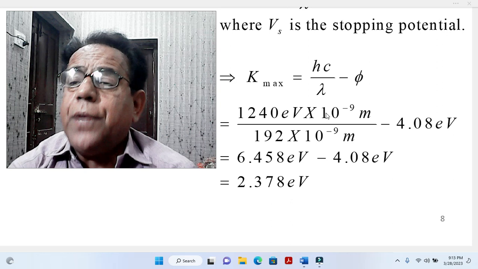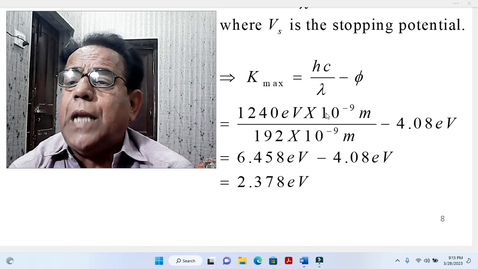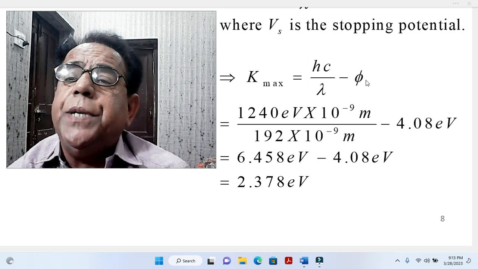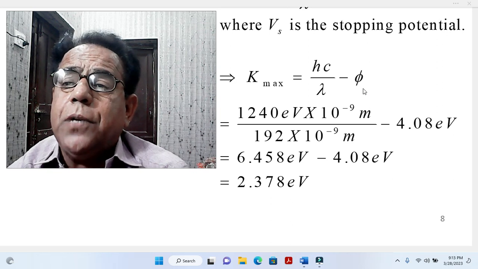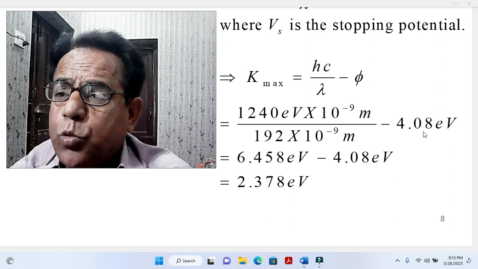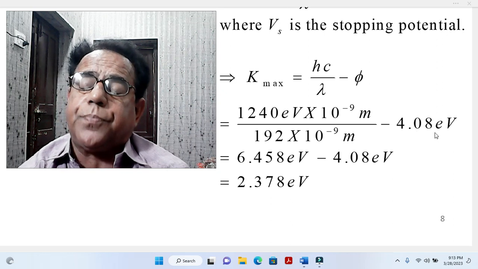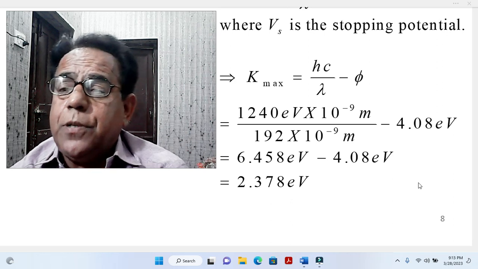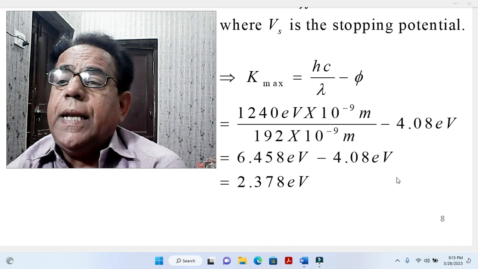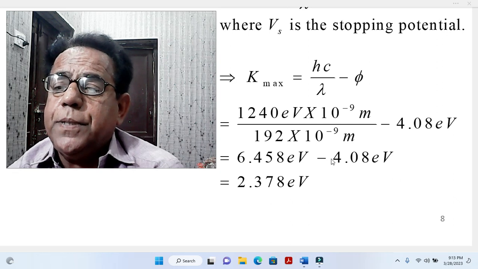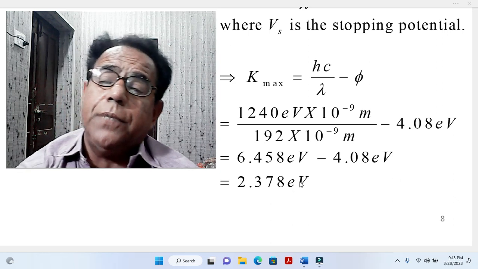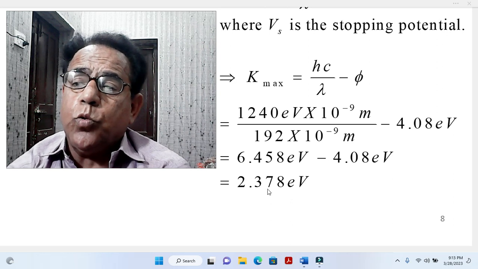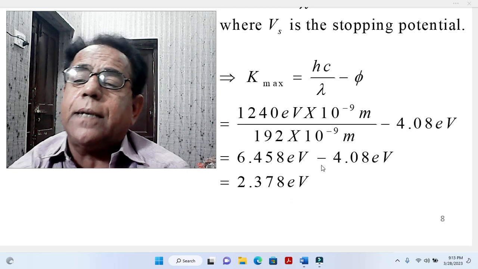From the helping tool table we have taken the work function phi for aluminum, which is 4.08 electron volt. So dear students, meter will be cancelled with meter, and after simplification we get K max, the maximum kinetic energy, equal to 2.378 electron volt.